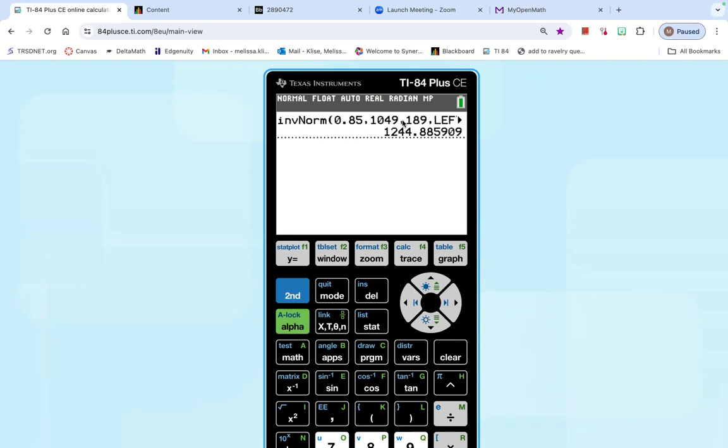And it's really close. We have 1244.86. The reason it is different is because the Z table wasn't exactly 85 and it rounds. Since the Z table was 0.8508, it is slightly off. So this one is more accurate, 1244.86. I believe my open math takes into consideration using the Z table and using the calculator.